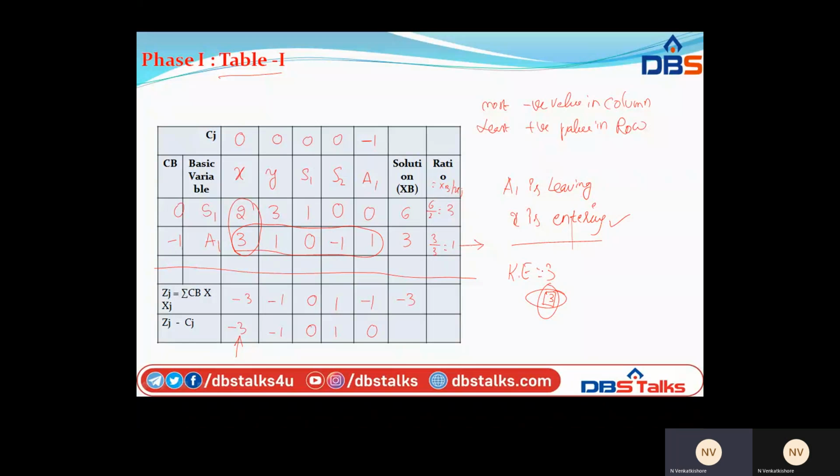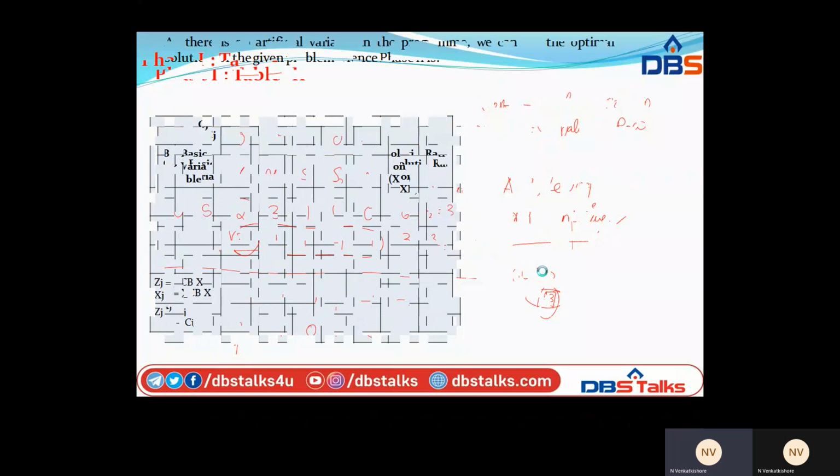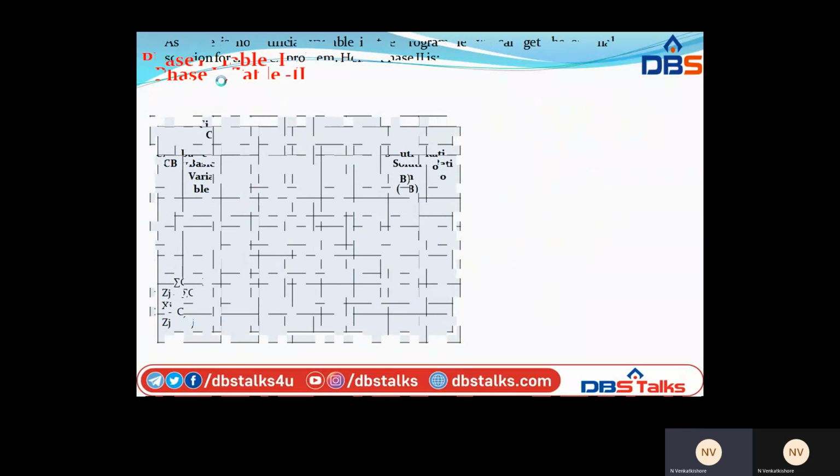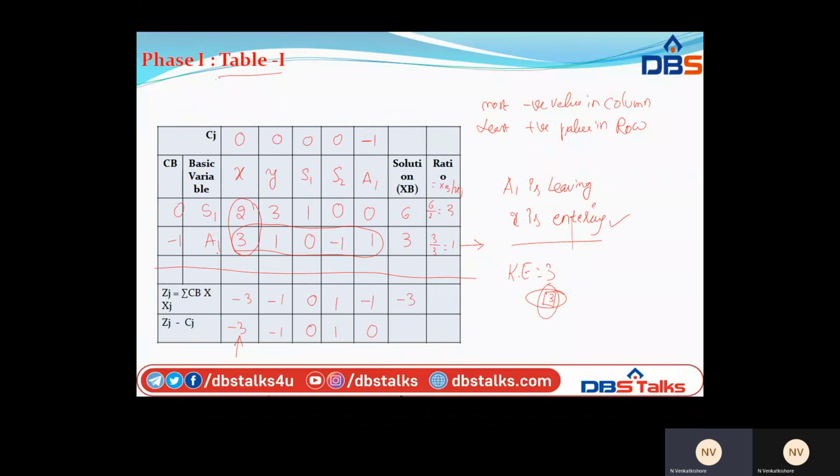And coming to the next table, we need to do some operations. What are the operations? There is no artificial variable in the problem, since our main intention in phase 1 is to introduce the artificial variable and at the same time eliminate it.